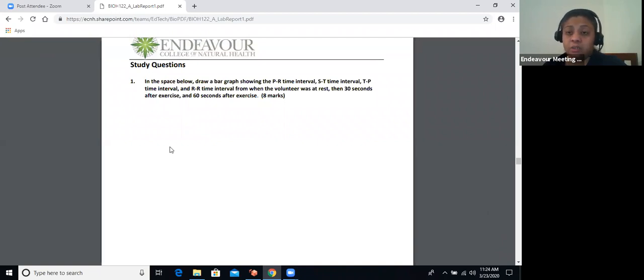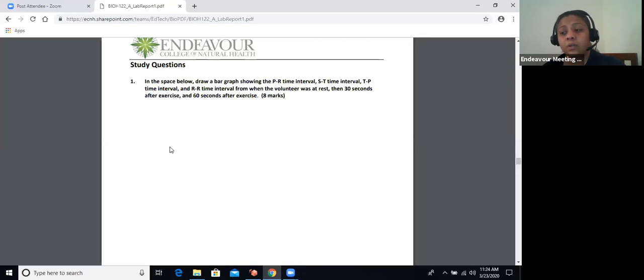You have labeled all the intervals correctly, and we should be able to compare what is happening at rest, at 30 seconds and at 60 seconds after exercise. So the graph should be easily readable, clear, concise, and have all the required information.